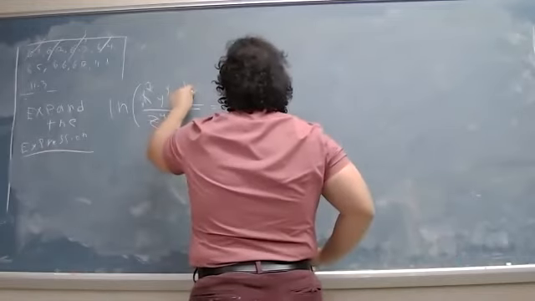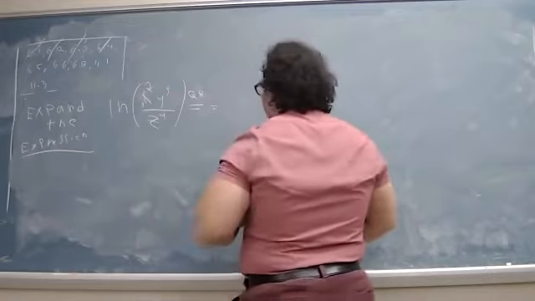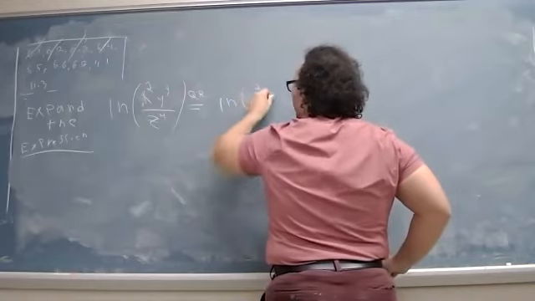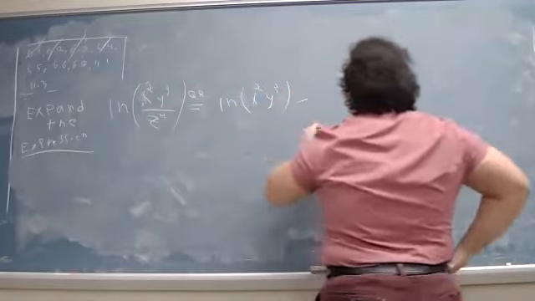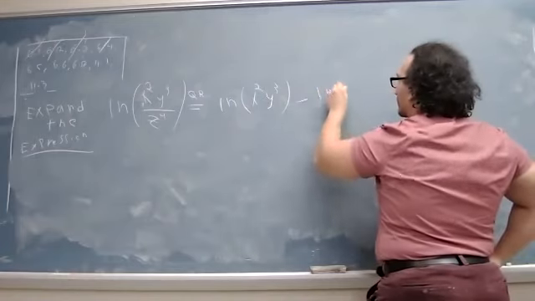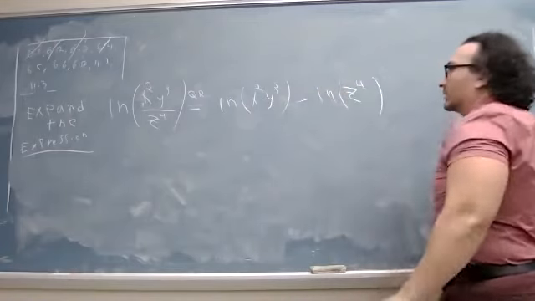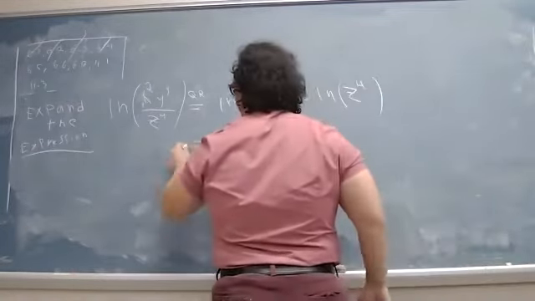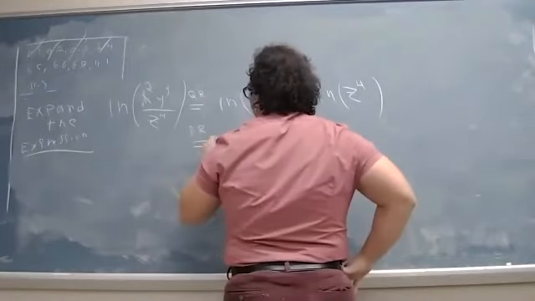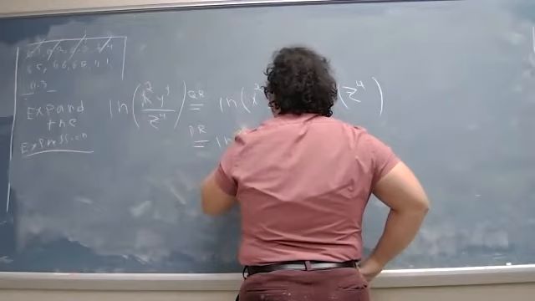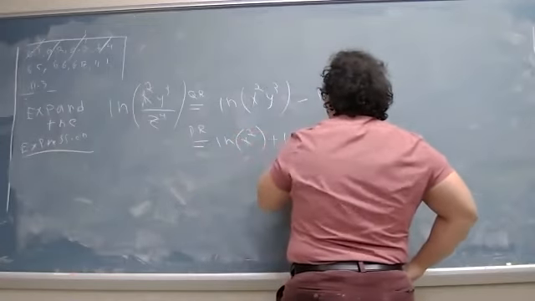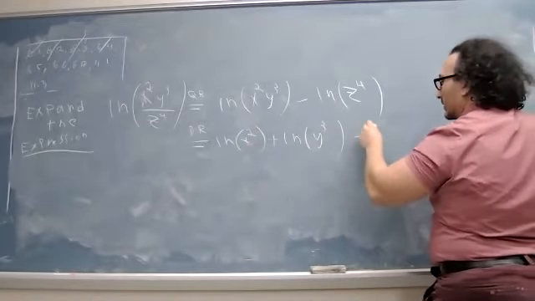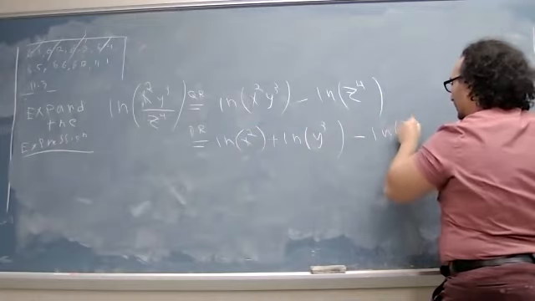So, quotient rule. Utilizing the quotient rule, we get the ln of the numerator minus the ln of the denominator. Okay, that's what we get there. Then, now, we're going to use the product rule here. So then we get ln of this x squared plus this ln of this y cubed minus this ln of z to the fourth.